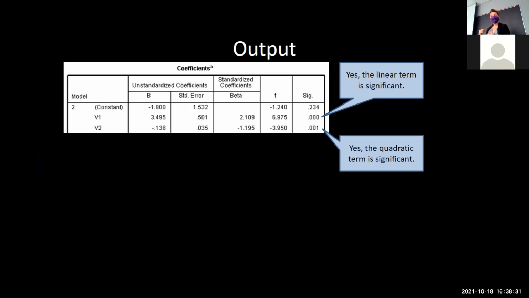Here I've done exactly the same thing. I've multiplied one variable times itself, which means my interpretations are going to be very similar to how they were when we were interpreting an interaction model.